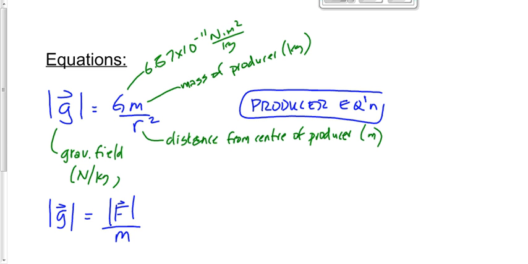That's just a rearranged form of F is equal to m times g, except that in all the other cases, we've assumed g is 9.81. Now we're actually finding the value of g given the mass of the experiencer, not the mass of the producer. Use the mass of what's experiencing the gravitational field, because this is the experiencer equation.